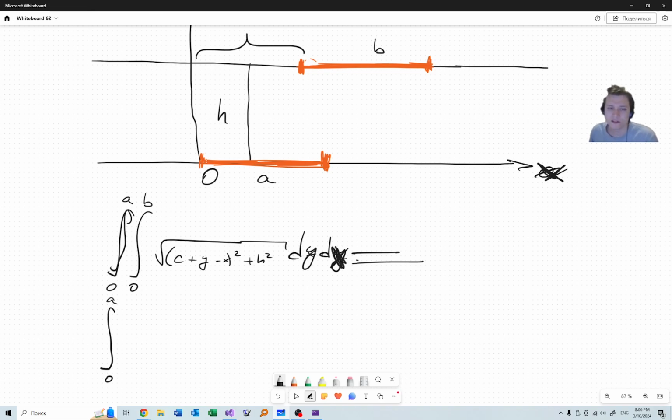We can consider the integral where z is y minus x, or alternatively y is x plus z. So now the inner integral is from minus x to b minus x.